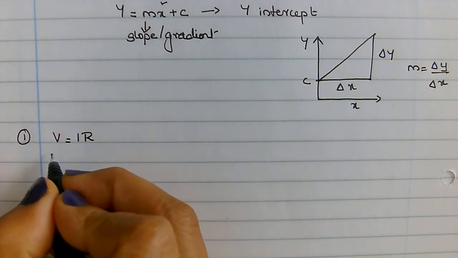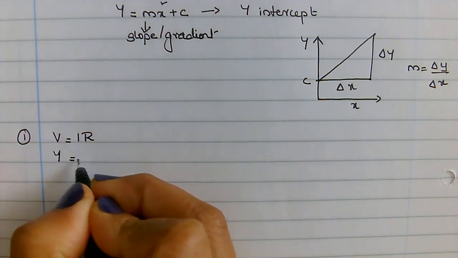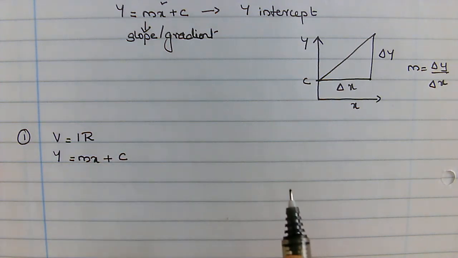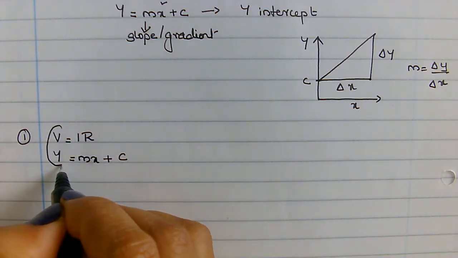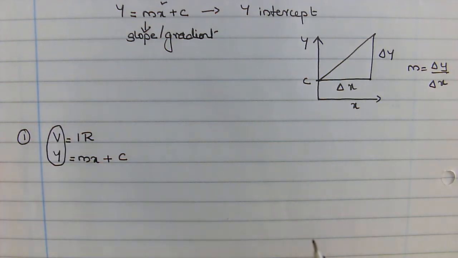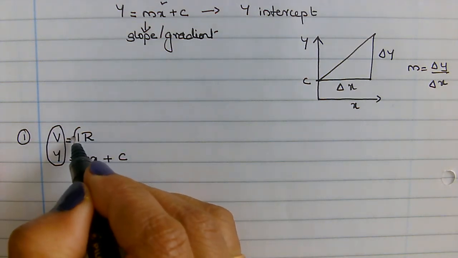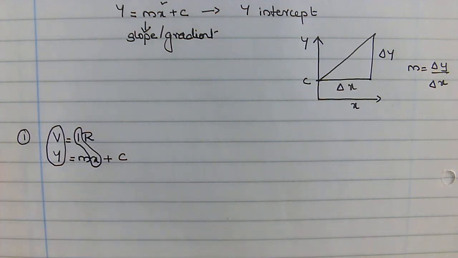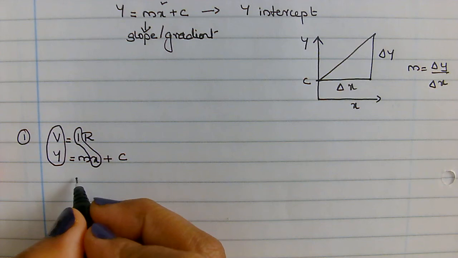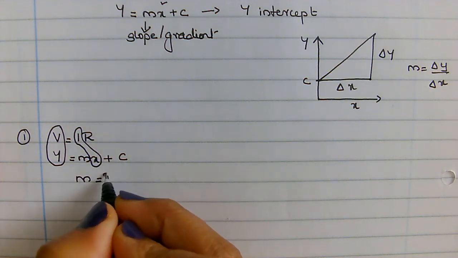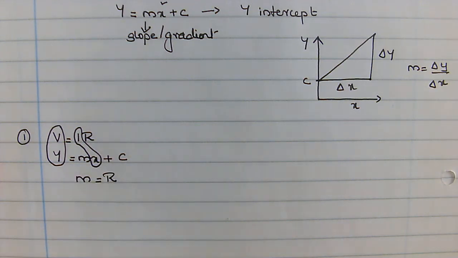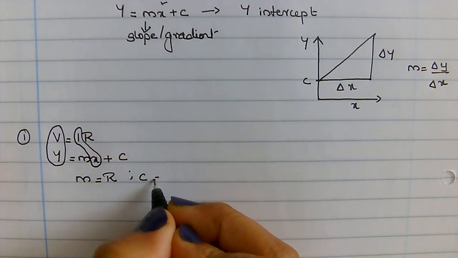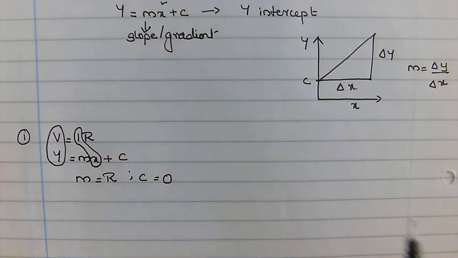So if we compare this with y is equal to mx plus c, and if we plot V along the y-axis, and then what is left with us is I. So if we plot that I along the x-axis, it will then tell you that the gradient of the graph gives you the resistance. We don't have a value for c, so that tells you that the y-intercept is 0.